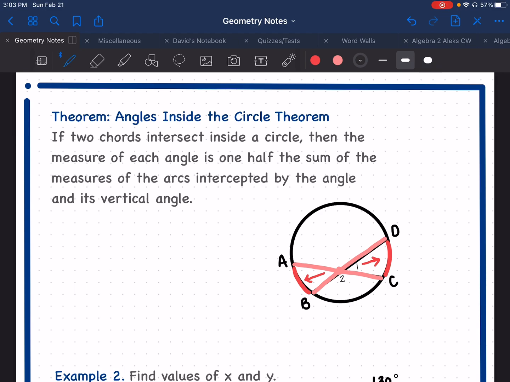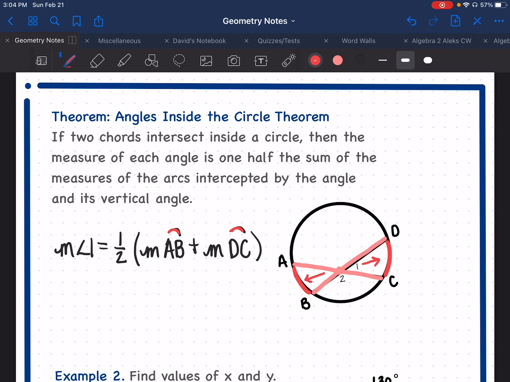To find the measure of angle 1, it is going to be 1/2 the measure of AB plus the measure of DC. It's going to take the two orange ones for angle 1.